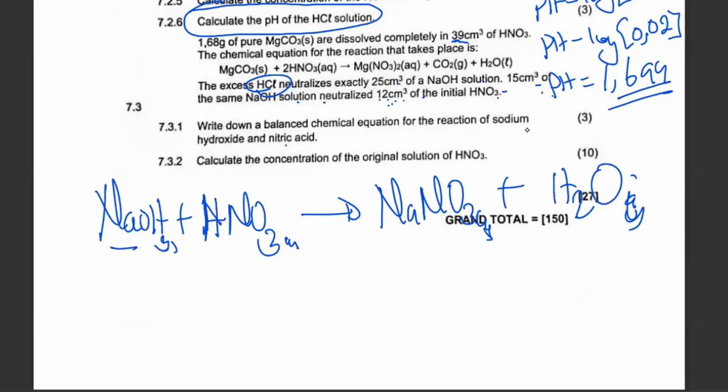Yeah, that's it. Then we go to the next question. What are they saying? Okay, we are done with that. They're saying calculate the concentration of the initial solution of nitric acid. All right, let me first clear it up.